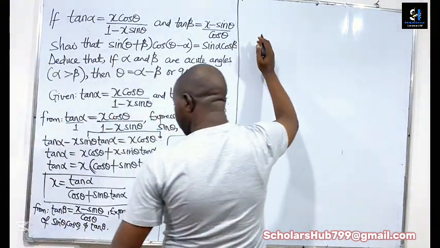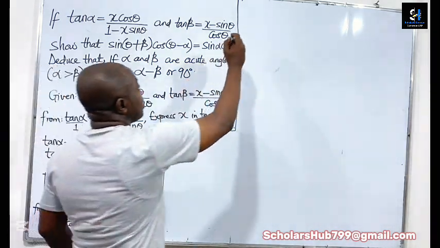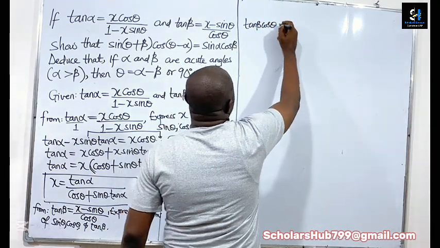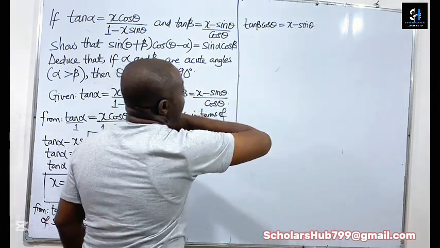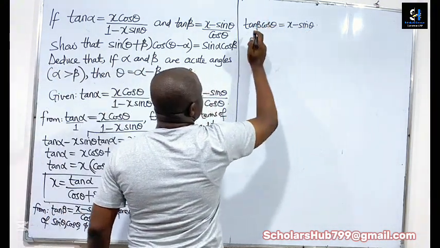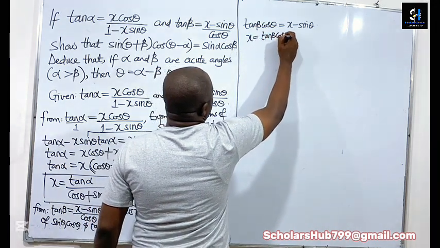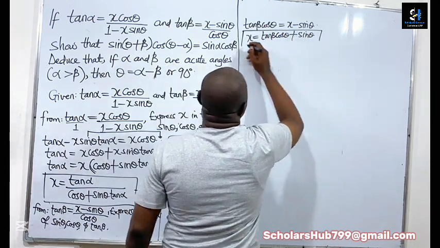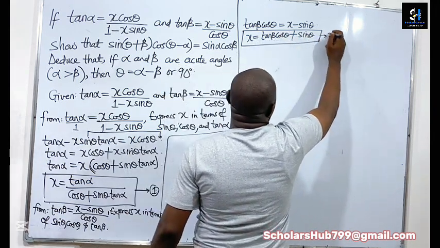From here, I'll cross multiply, so this would be tan beta cos theta equals x minus sin theta. Remember, I want to make x the subject of the formula, so I'll carry this over to the left hand side so that x will be tan beta cos theta plus sin theta. So this is the expression for x in terms of sin theta, cos theta, and tan beta.